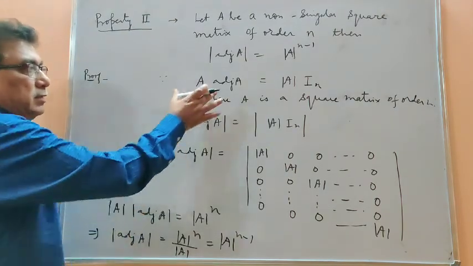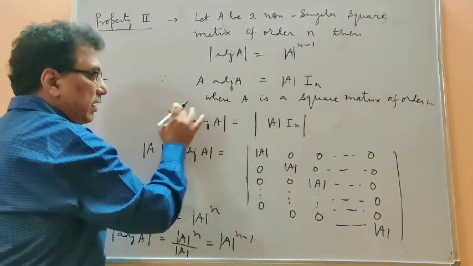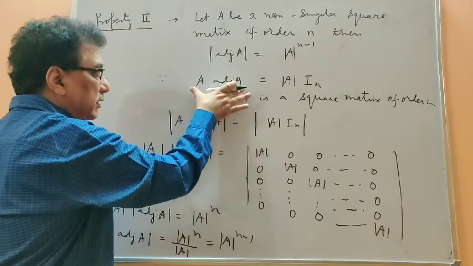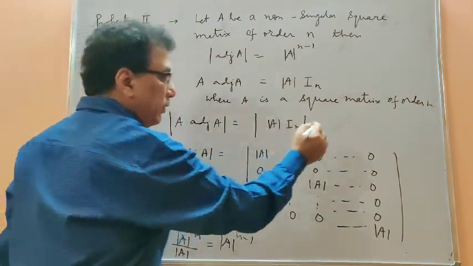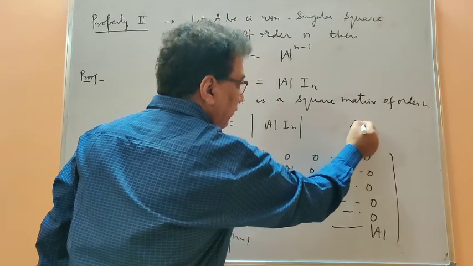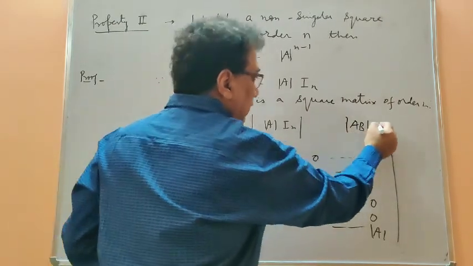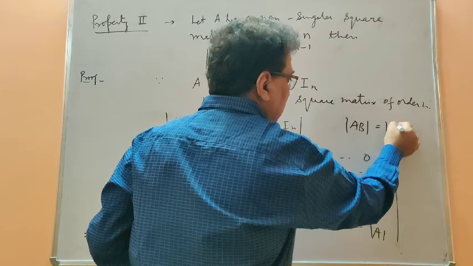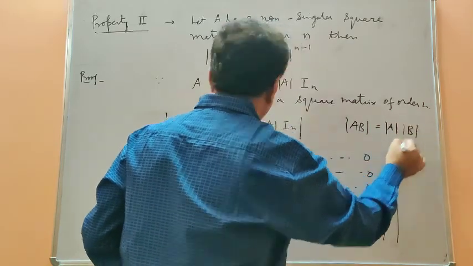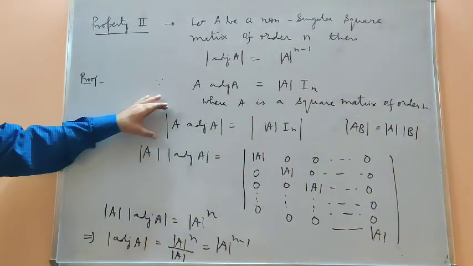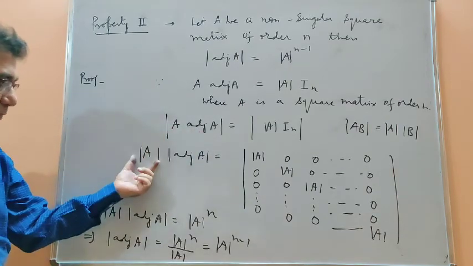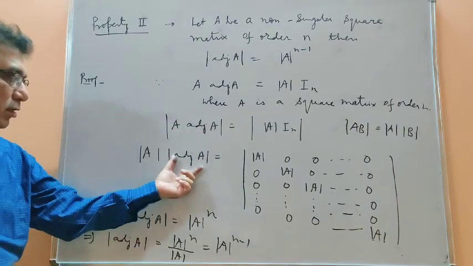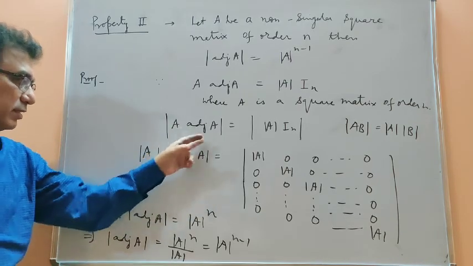Now, going with this result, I have taken determinant on both sides. There is one property that determinant of AB is determinant A into determinant B. So if I take the determinant of this product, it should be written separately: determinant A into determinant of adjoint A. They are two different matrices.